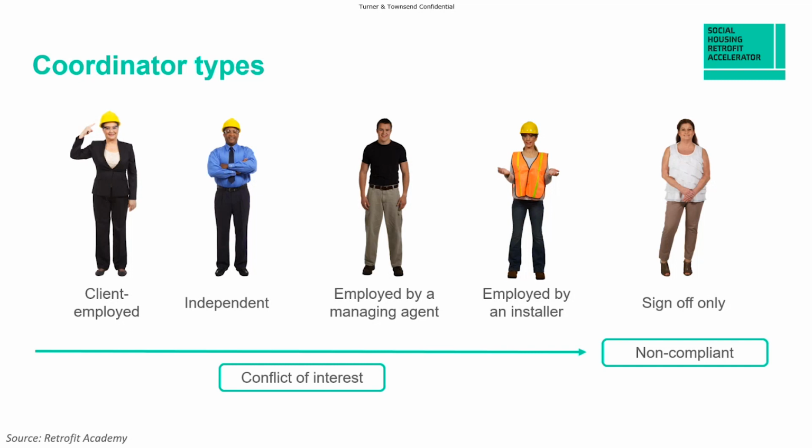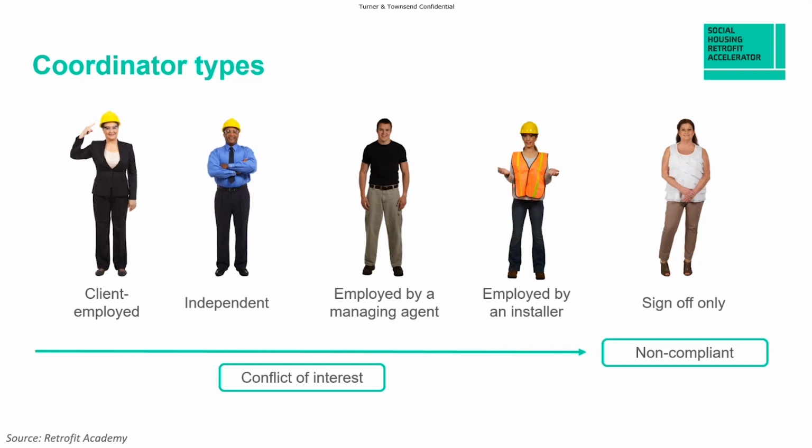If you have a retrofit coordinator that comes to you and says they can sign off any project that they've not been involved with since the beginning of the project, or haven't been brought on board as a replacement perhaps for another retrofit coordinator, and therefore would have seen all of that information, they're not compliant to the PAS, and so you shouldn't work with them. Okay, they don't know what's been agreed, and you are likely to have poor outcomes if you go down that route.